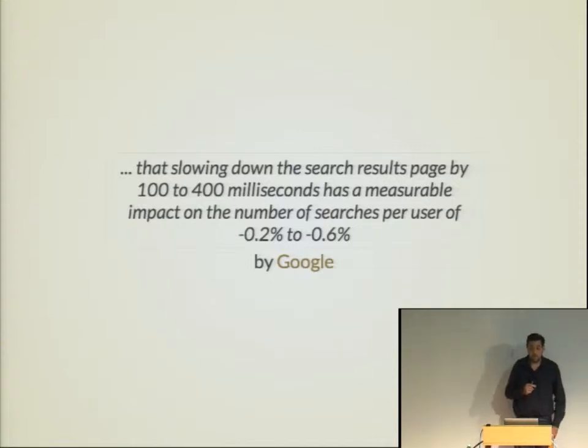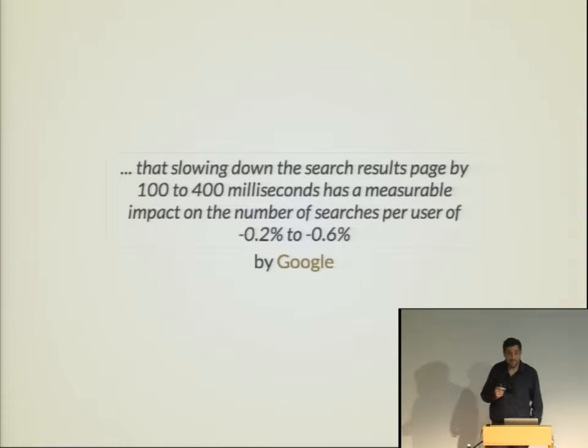And what they found out is that the number of searches per user dropped by 0.2 to 0.6%. Now, this doesn't seem like a lot, but if you have as many users as Google has, then it's a lot. And if you also think about all the money they are losing because of that, it is a lot.